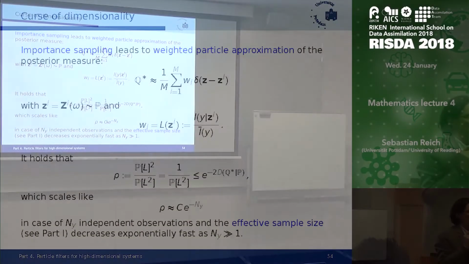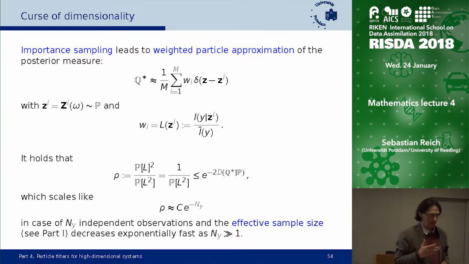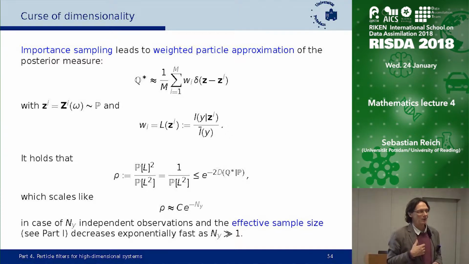And I want to begin by giving you a relatively simple mathematical argument for why you can't just do filtering in high dimensions, why it doesn't work with the techniques that people came up with in the 80s and 90s in Monte Carlo techniques, which all rely in a way on the idea of importance sampling, where you approximate the quantity you want by a weighted sample, and the weights are the importance weights.